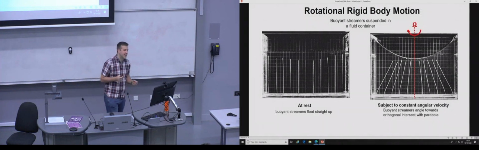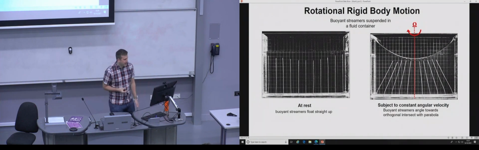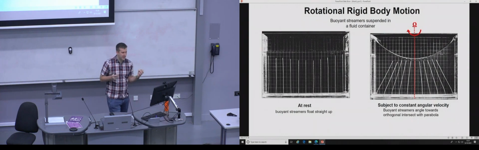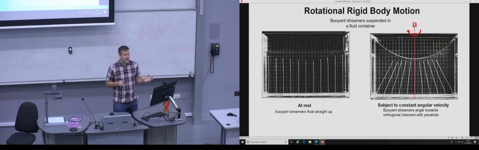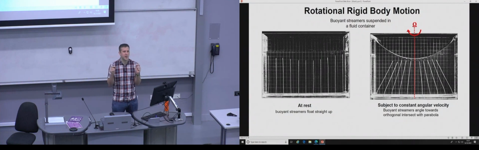And this is illustrated here by this experiment. Well, the photos are taken from the Frank White textbook. And here you have a mixer, so a cylindrical mixer, which is first on the left at rest, and then on the right it's being rotated by an angular velocity omega. And it has streamers, buoyant streamers.